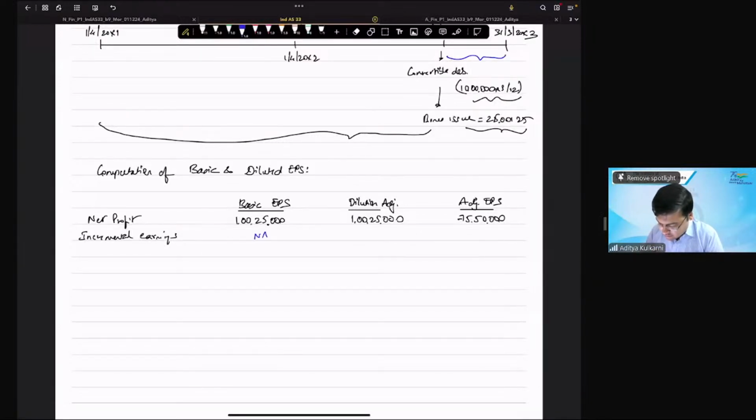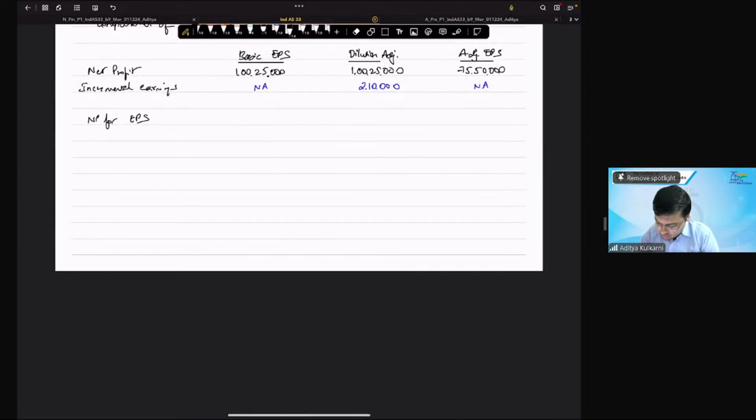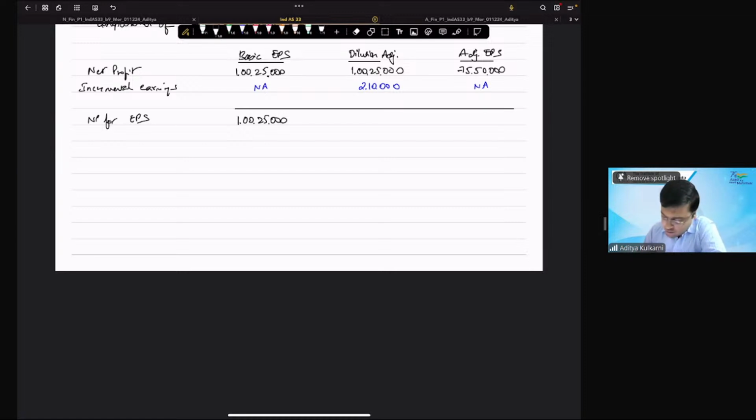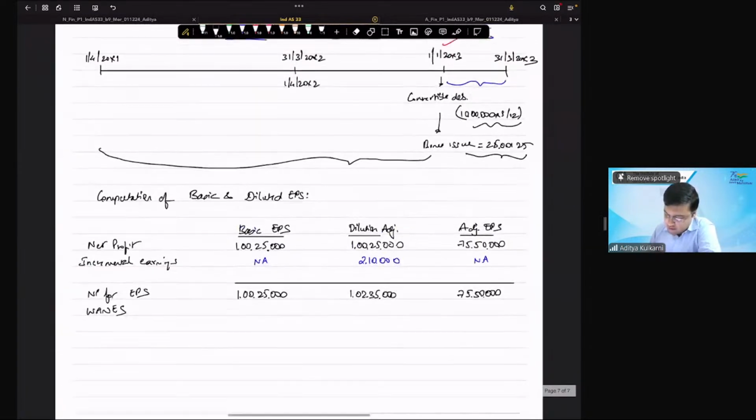So in basic, this will not come. In dilution, this is definitely going to come. In adjusted also it will not come because it was not at all in issuance. So net profit for earnings per share: 1 crore 2,35,000 and 75,50,000, divided by the weighted average number of equity shares.